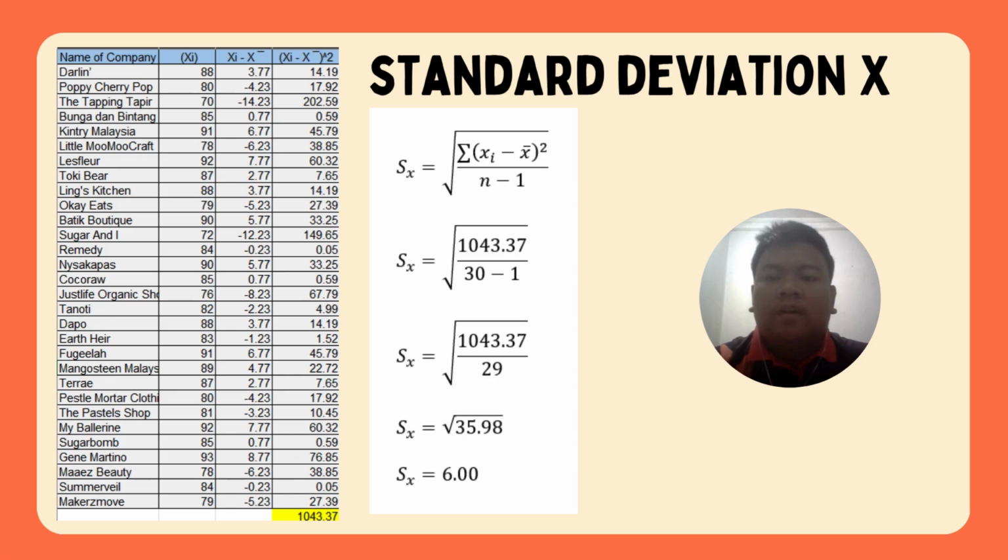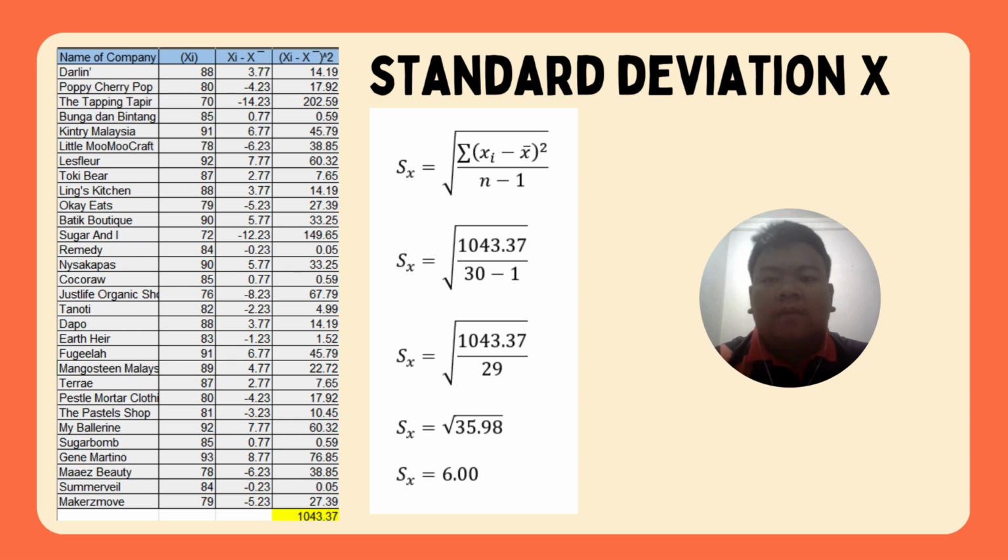We need to subtract the mean of the CSS. So 88 minus the mean, we will get 3.77. And we need to calculate that for all companies. And then, this is where it's a bit different. We already know the value, we just need to square it.